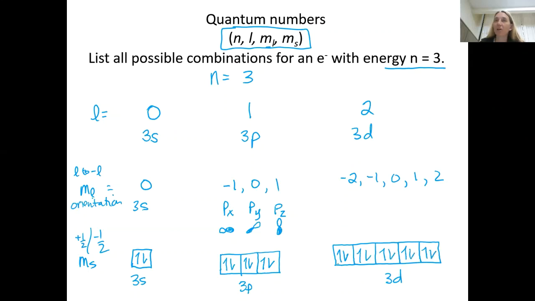Okay, so each box represents an orbital. And remember, an orbital is where an electron can exist in an atom. And in an orbital, we can only have 2 electrons.